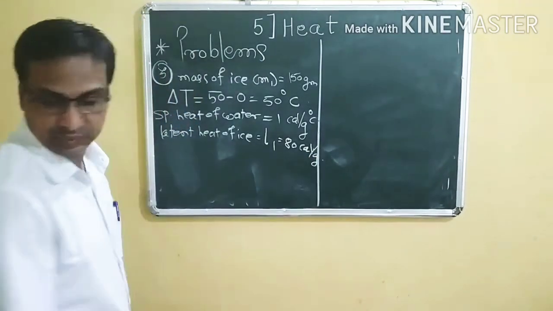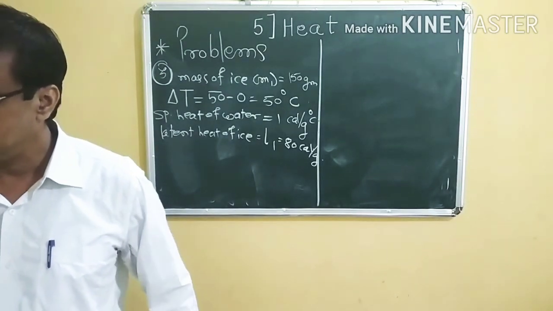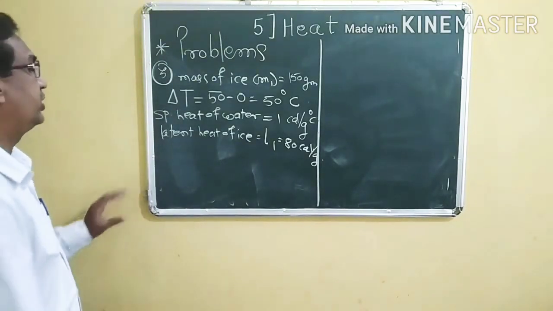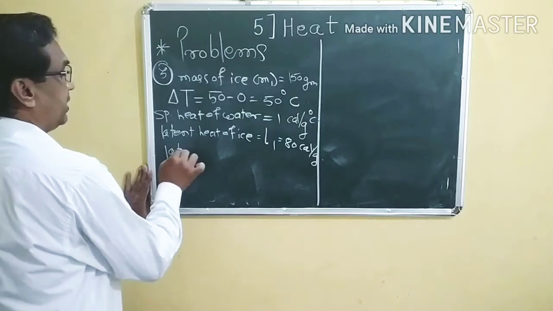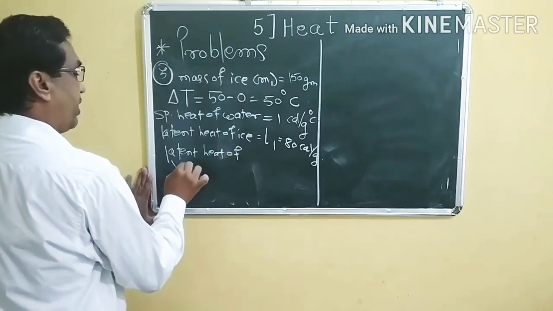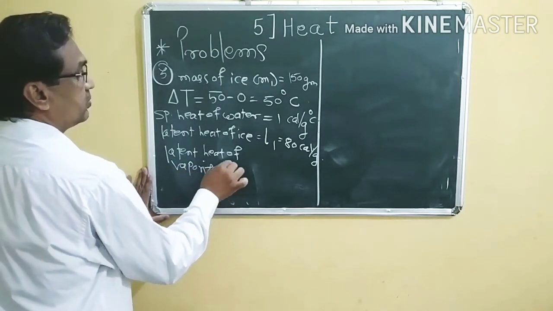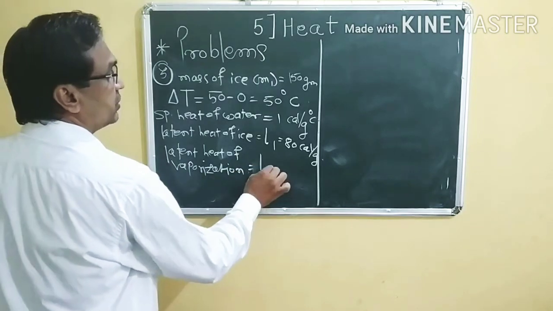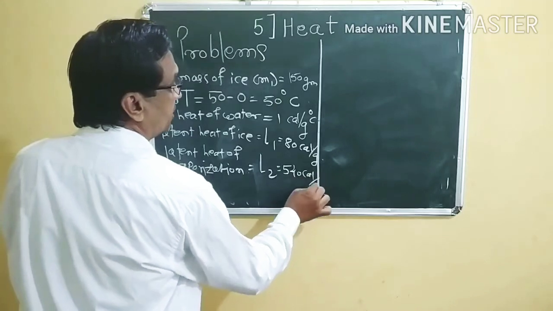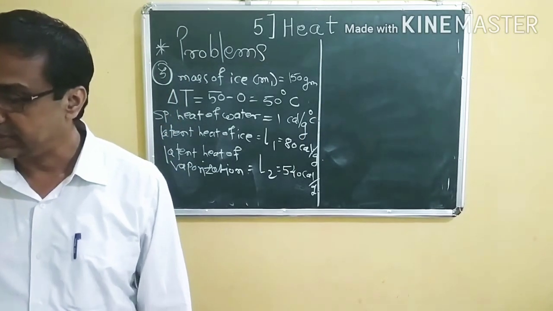And they have also provided L2, the latent heat of vaporization of water, that is L2, that is 540 calorie per gram.